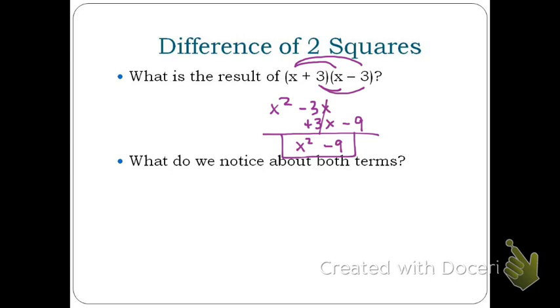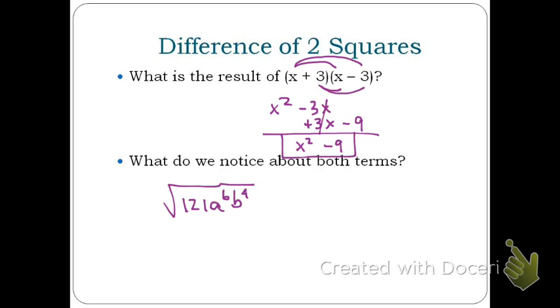That is actually a difference of two squares, and that's what we can notice. If you recall from Unit 2, we had something like 121 a to the 6th power b to the 4th.